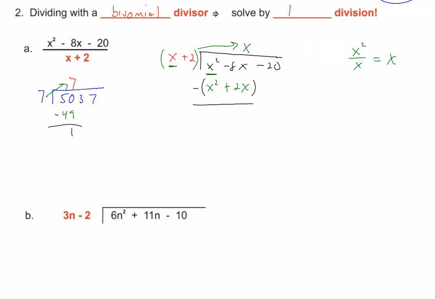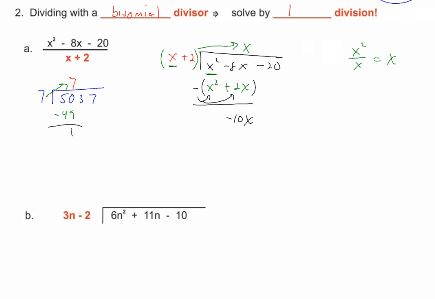So what do you get for a remainder on this one? On the left, I got 1. What do I get here? You better get a negative 10x, because we all know when a negative's out in front of a parentheses, we better distribute it, right?